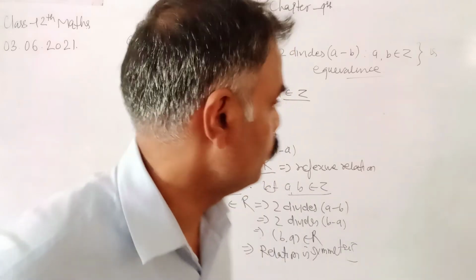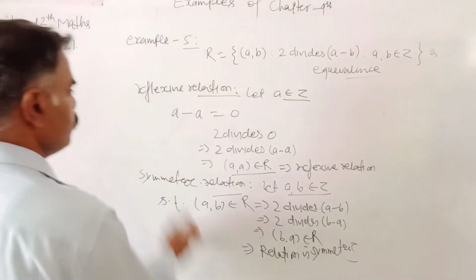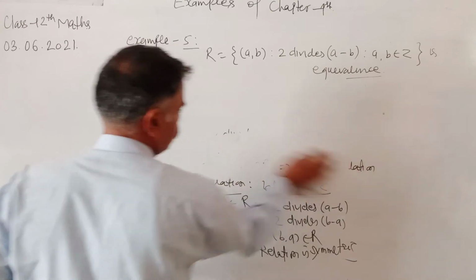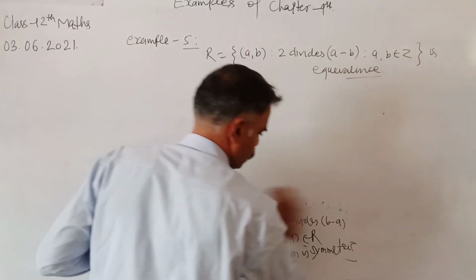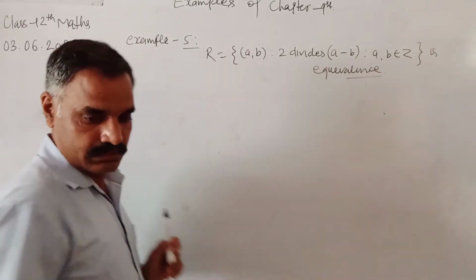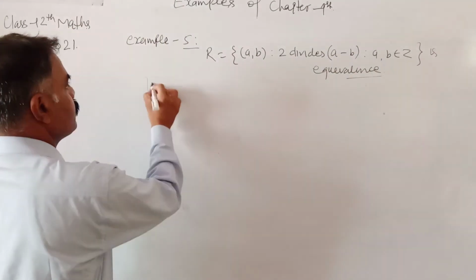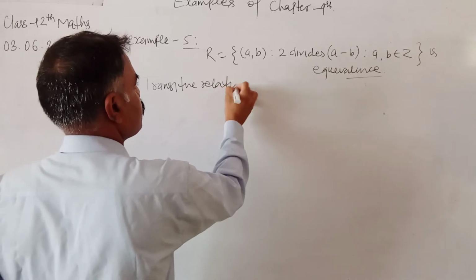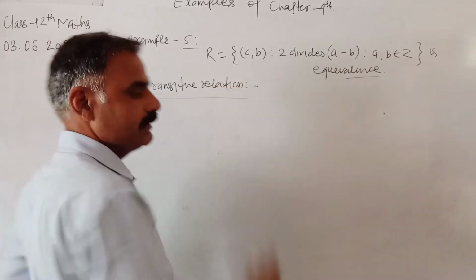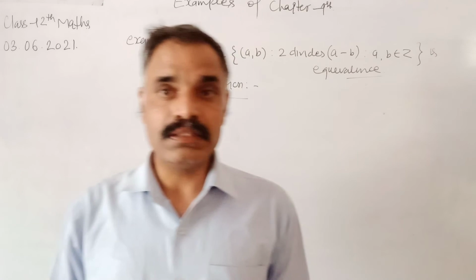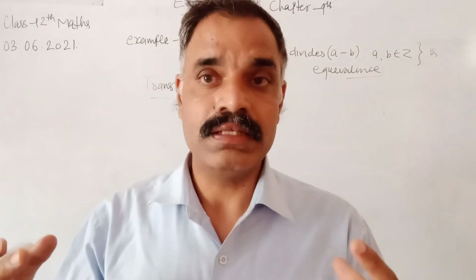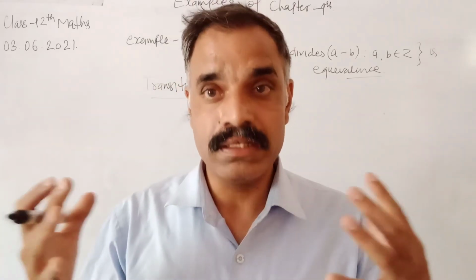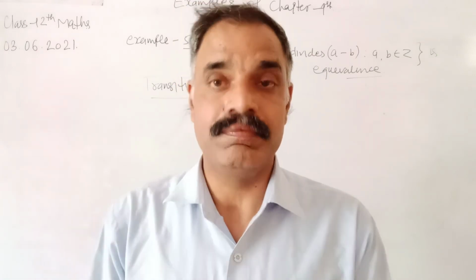So let us take the transitive relation. To show that the given relation is transitive, we have to take three elements.